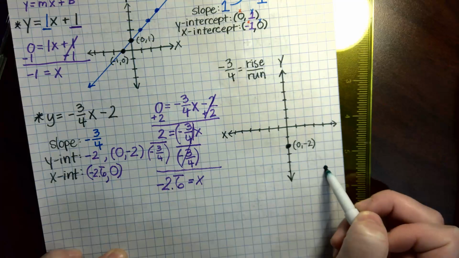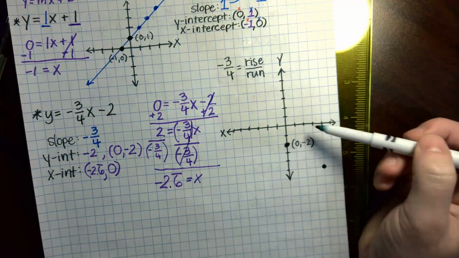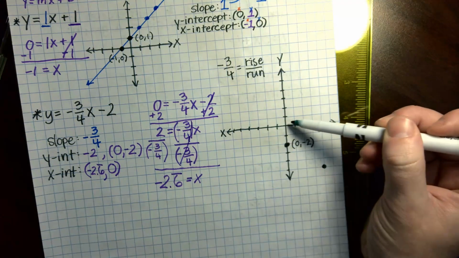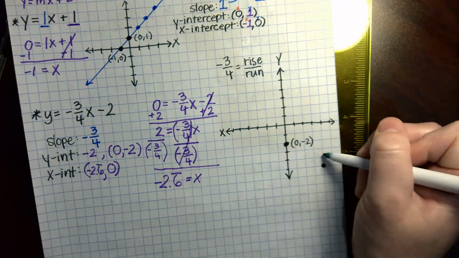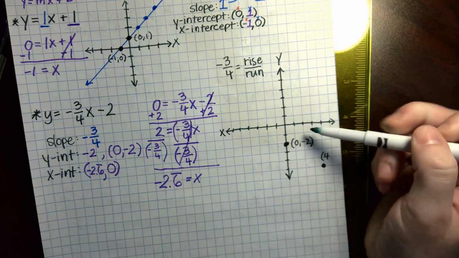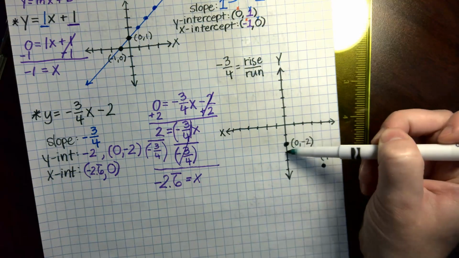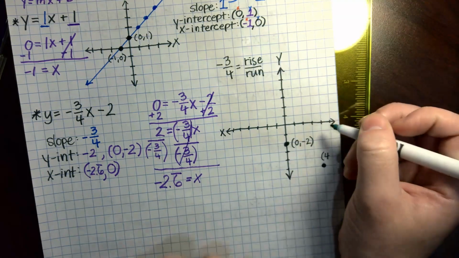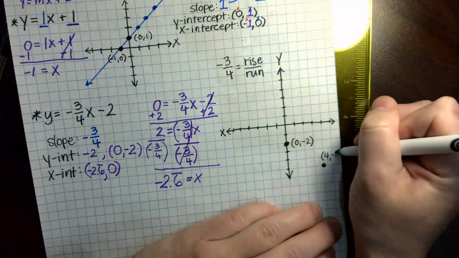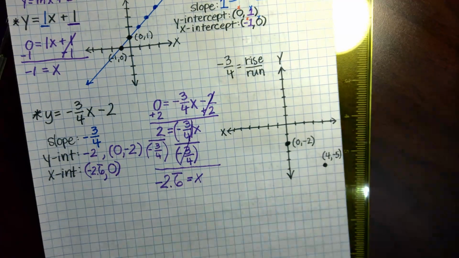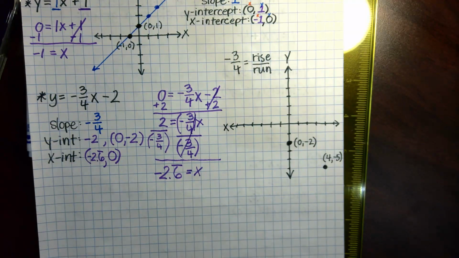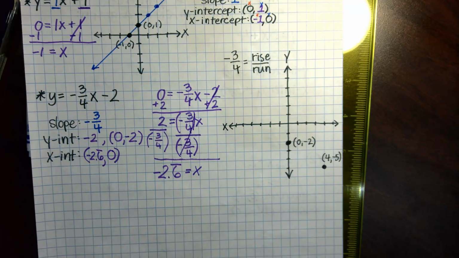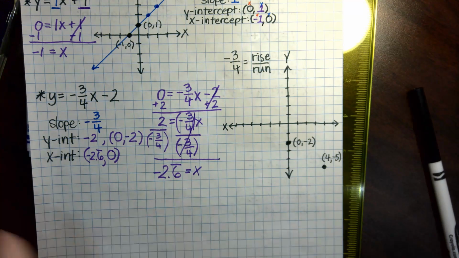And there's another point that we have. So we'll count that point. Our point is 1, 2, 3, 4 for x. And it's negative 1, 2, 3, 4, 5 for y. So there's a point that we found. Now, just because we got a decimal for the x-intercept, we're just going to leave that there. I just wanted us to see how to find it, but we're not going to worry about graphing it for now.